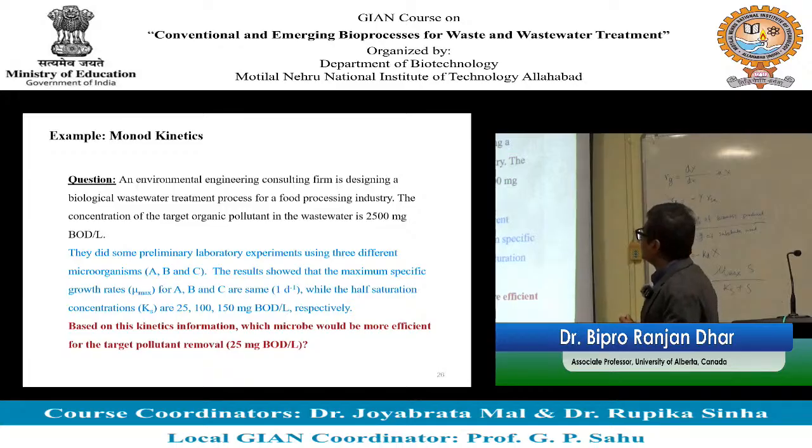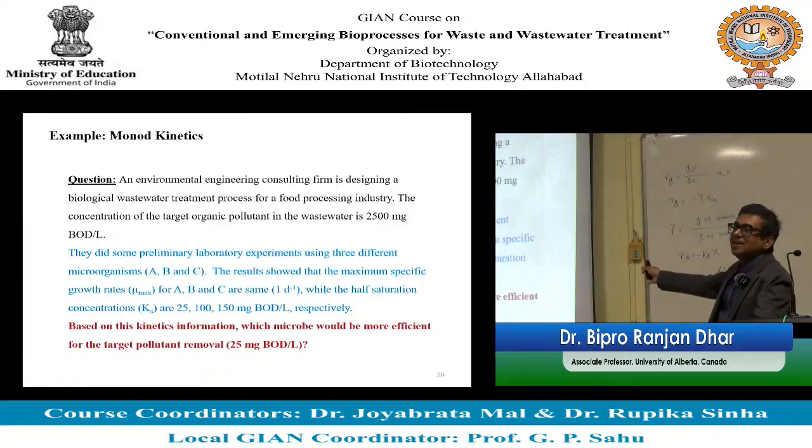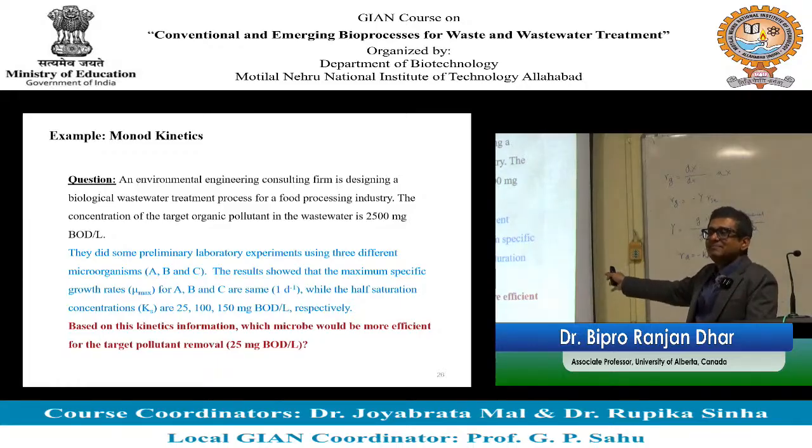Based on the kinetic information, which microbe would be more efficient for target pollutant removal to 25 milligram per liter BOD? Even without doing the calculation, can you tell which one would be better? Why?